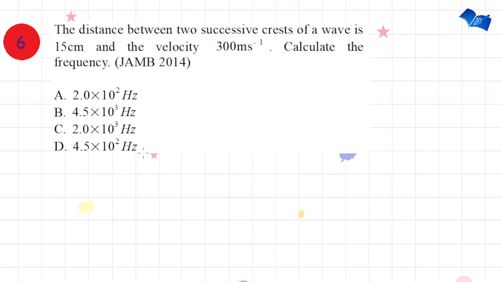The distance between two successive crests of a wave is 15 cm, and the velocity is 300 meters per second. Calculate the frequency. This is taken from JAMB 2014. So we already know that if this is a wave, right, we have this.